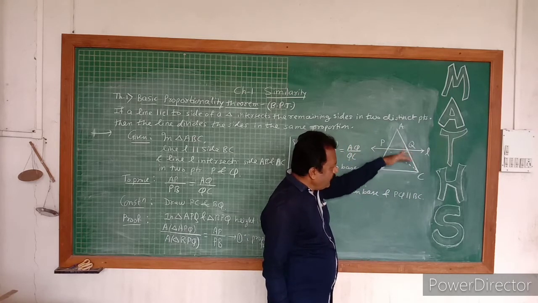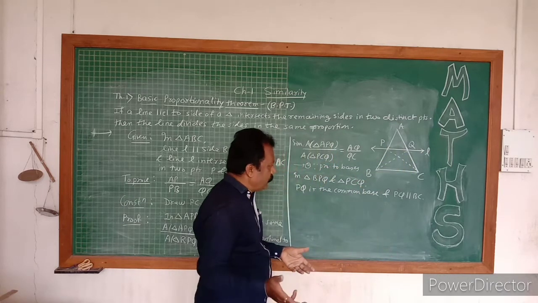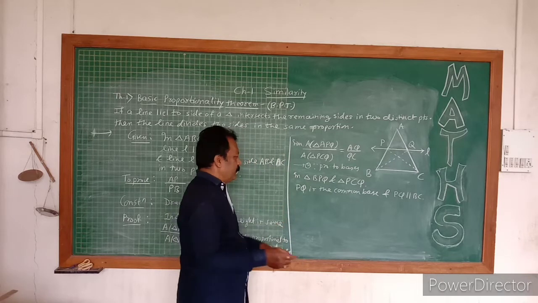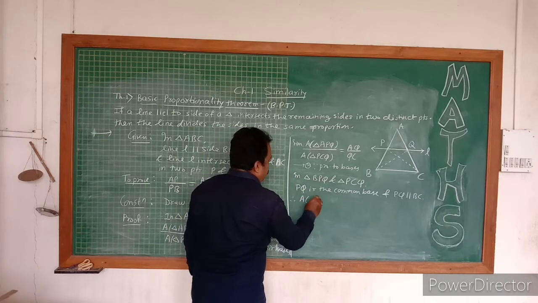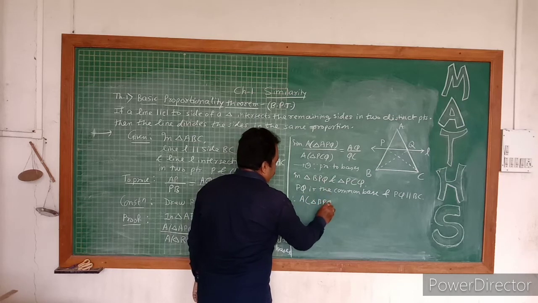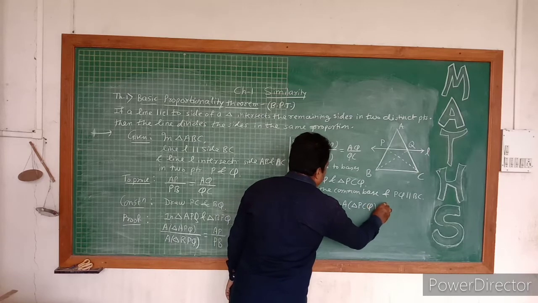So triangles situated between two parallel lines having the same base have equal areas. That we have done in property 4. Now it is not necessary to write property number 4. Write only this: the area of triangle BPQ is equal to the area of triangle PCQ.